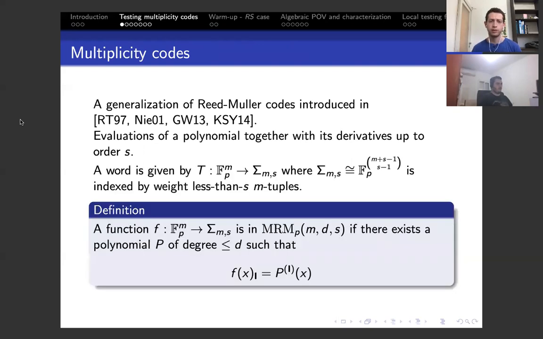So we can think of them, again, as tables or functions from F_p^m to a larger alphabet, where each character of this alphabet contains many copies of F_p, and we can think of these copies as indexed by weight less than s tuples, where these tuples correspond to the directions with respect to which we take the derivatives. So such a table is in the multiplicity code if there exists a polynomial, so that the table is equal to the values of the polynomial and its low order derivatives.